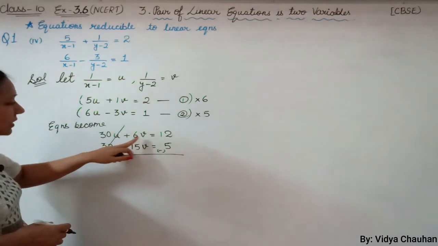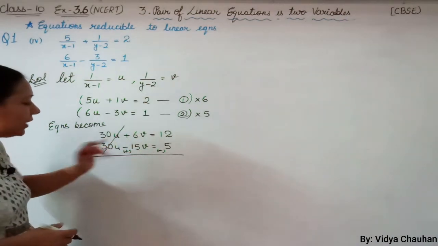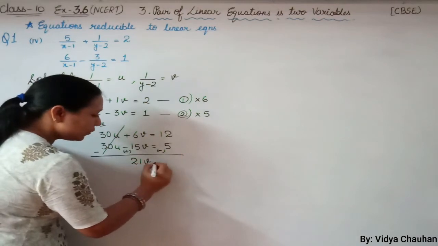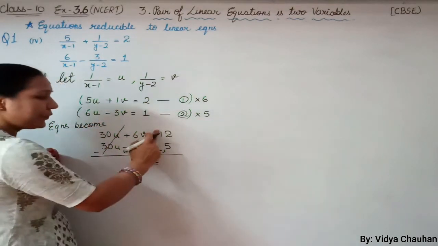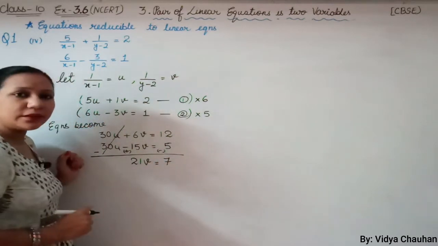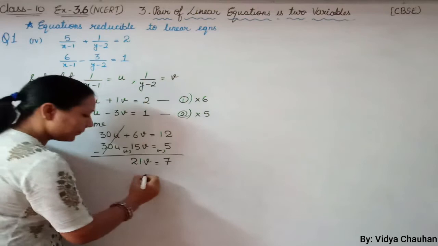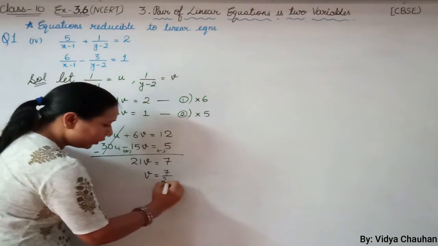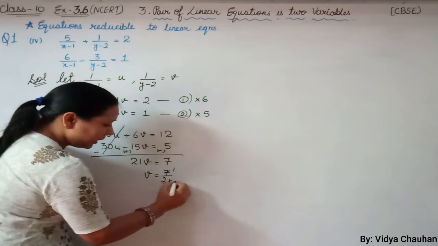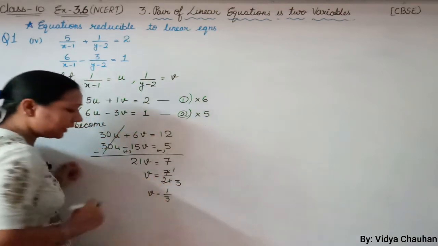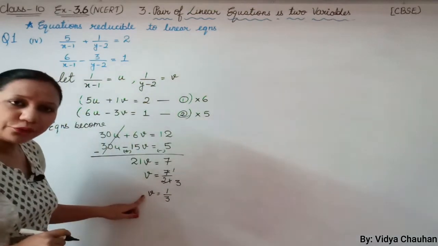Now 6v plus 15v gives us 21v equals 12 minus 5, which is 7. Get the value of v from here: 7 upon 21. Simplifying, you'll get v as 1 upon 3. So this is the value of v.